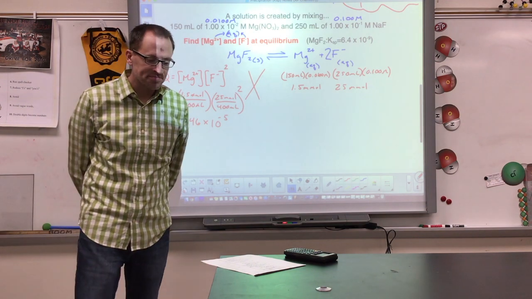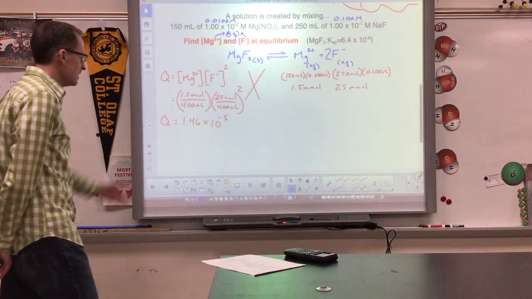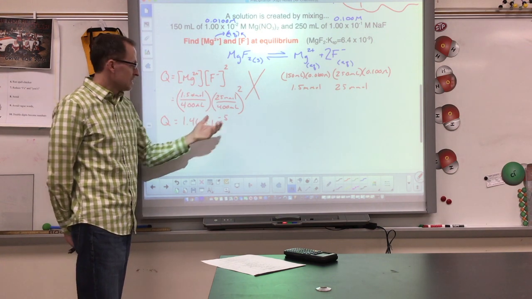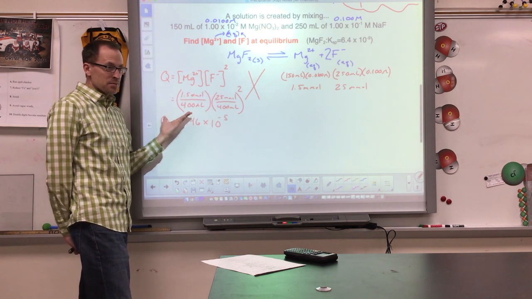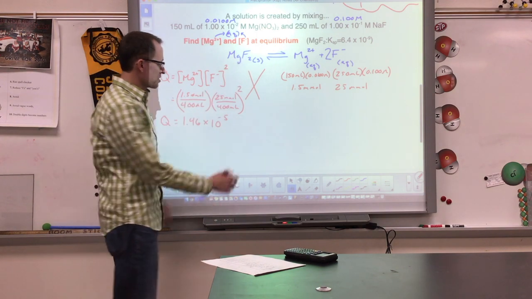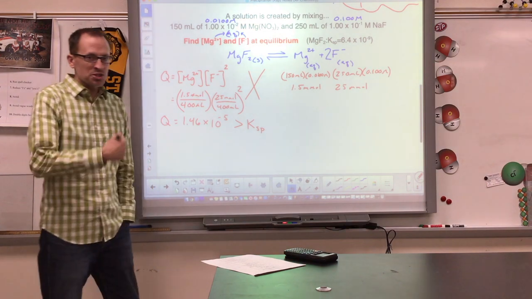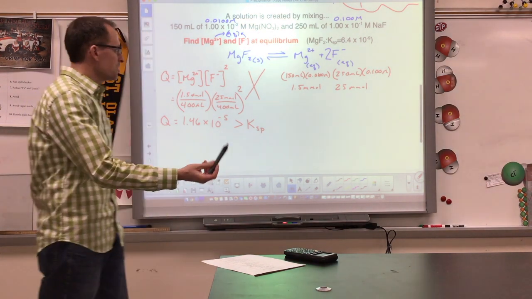What does that mean? Well, it's predicting that if this is the maximum amount that can dissolve, it's like saying it's my K, but it's my Q, that is much greater than my Ksp, much greater. So it's going to drive it to the left.